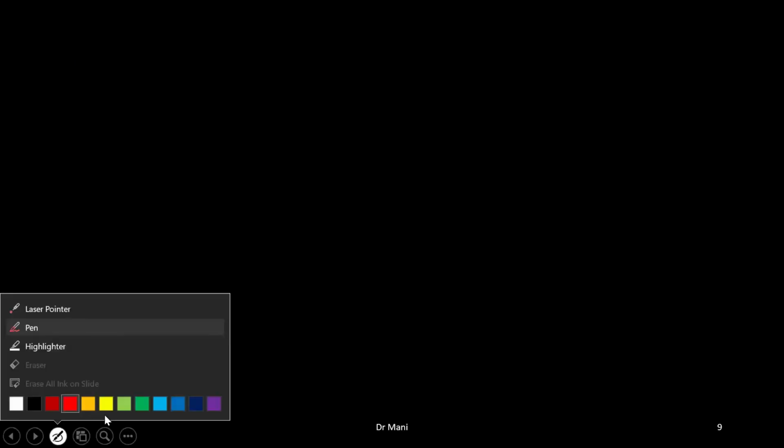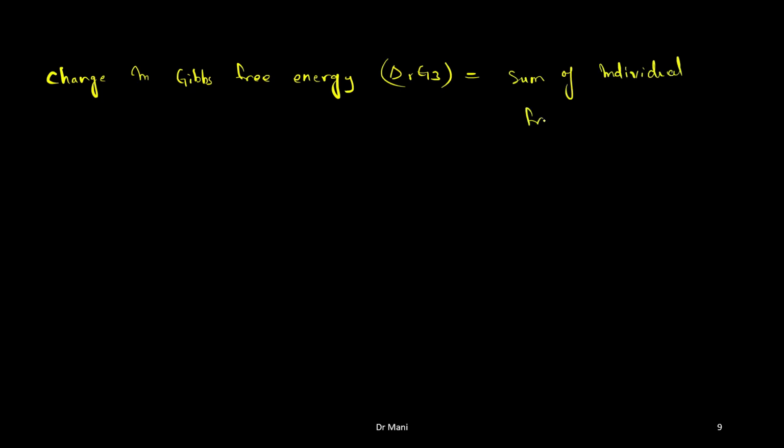So finally, I can conclude that the change in Gibbs free energy, delta rG3, is equal to the sum of individual free energy changes.